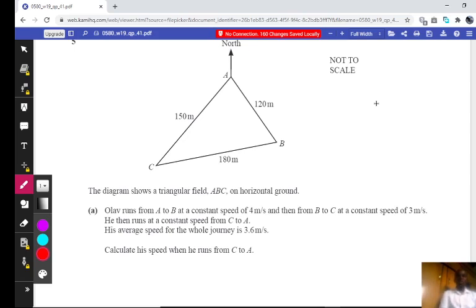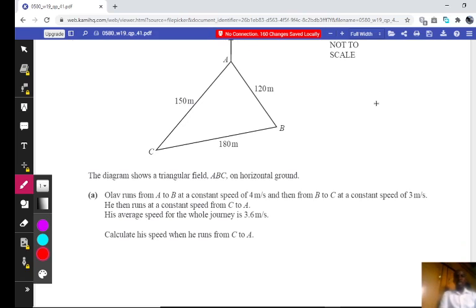So first, you have to look. What are we given? We are given the average speed for the whole journey. What's the formula for finding this one? Average speed for the whole journey equals total distance traveled over total time taken. So you have to find the time for each, and the distance you just add and equate to 3.6. On the first lap, the speed was 4 meters per second.